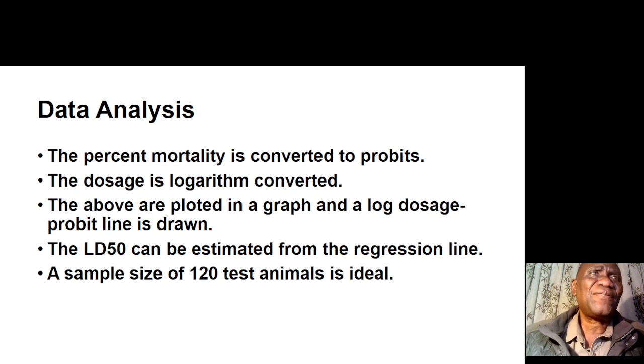The above are plotted in a graph, and a log dosage probit line is drawn. So on the x-axis, you have the log of your concentration, and on the y-axis you have the probit values which are obtained from the percentage mortality.